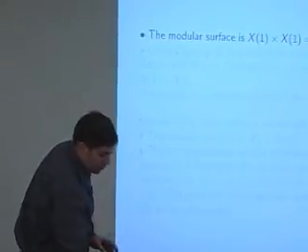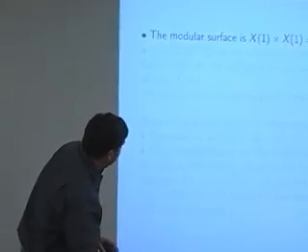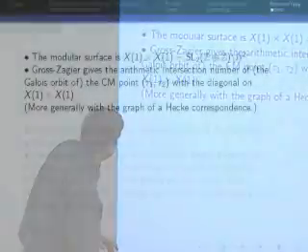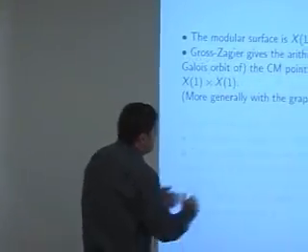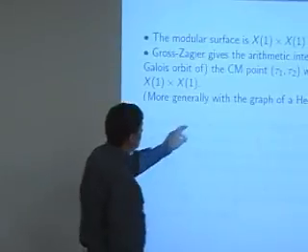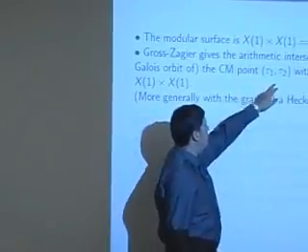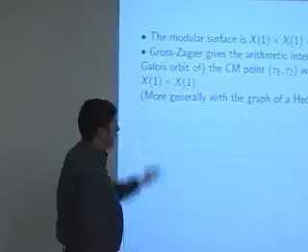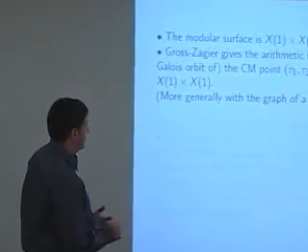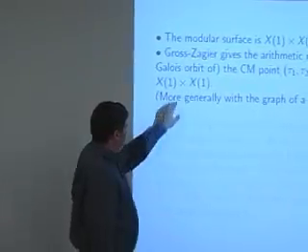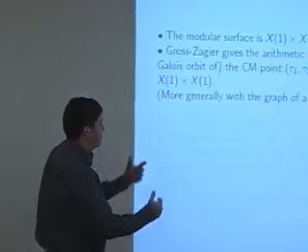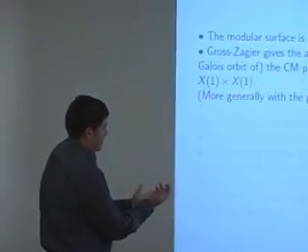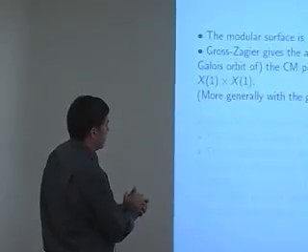Okay, just a way to write it. And they think about the result of Gross and Zagier as giving the arithmetic intersection number of the Galois orbit of this point, tau 1, tau 2, with this diagonal x1 times x2, because the diagonal measures when tau 1 and tau 2 give you the same elliptic curve.